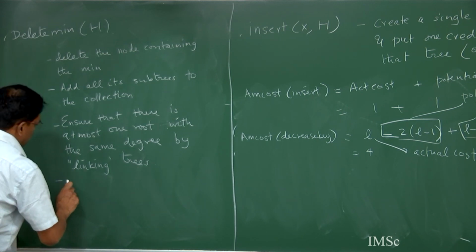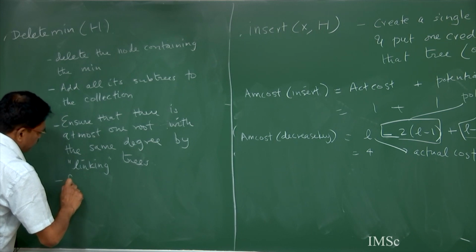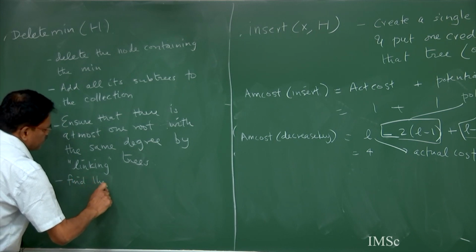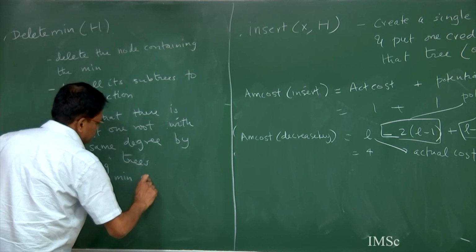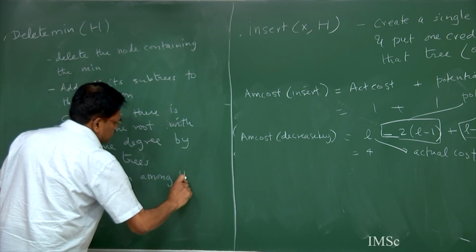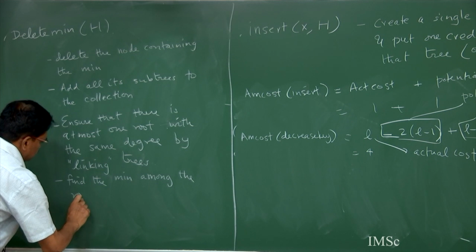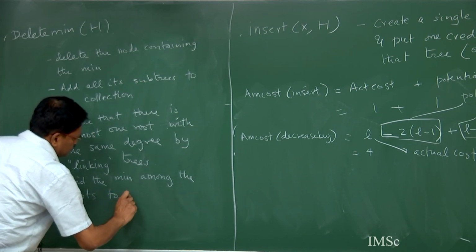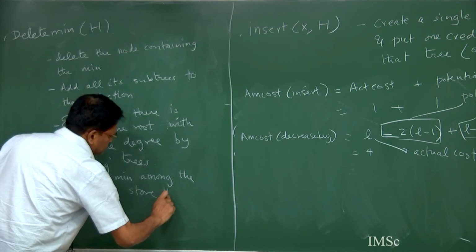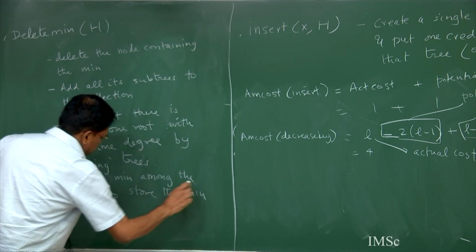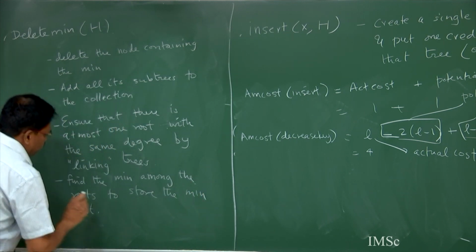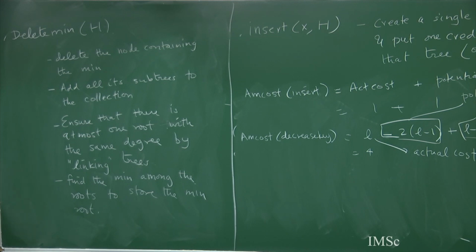And find the min among the roots. So delete min is going to do exactly what it's supposed to do.